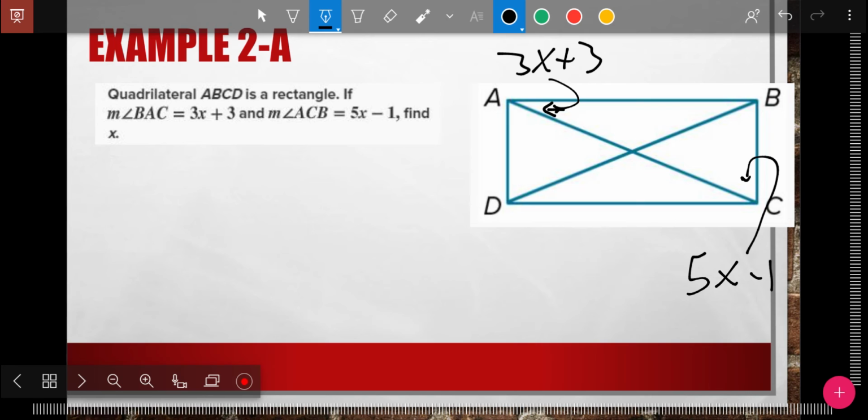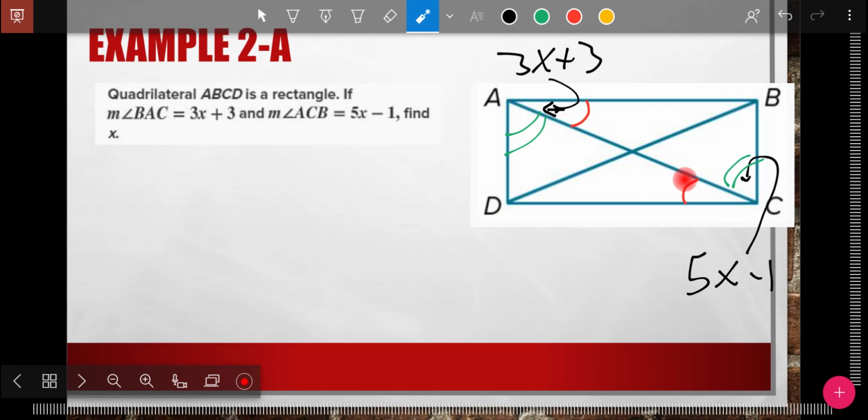What I need to realize is that alternate interior angles are congruent. So this angle right here is the same as this one, and this angle down here is the same as this one. How does that help me? Even though this one is on the top and this one is on the bottom, because of the parallelogram, alternate interior angles are congruent.